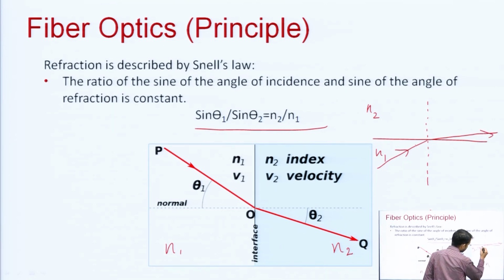Now, if we increase this angle of incidence like this, what will happen? This light ray will bend further away from the normal, and there comes an angle called theta c. Let me change the color.